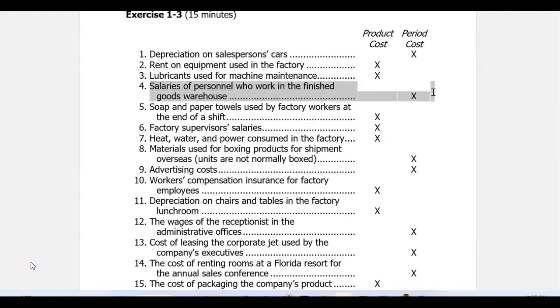Finished goods warehouse, those are people who are trying to sell the item. Finished goods are out of the factory already. It's inventory that the salespeople need to maintain in order to sell it as soon as possible. So that's period cost.